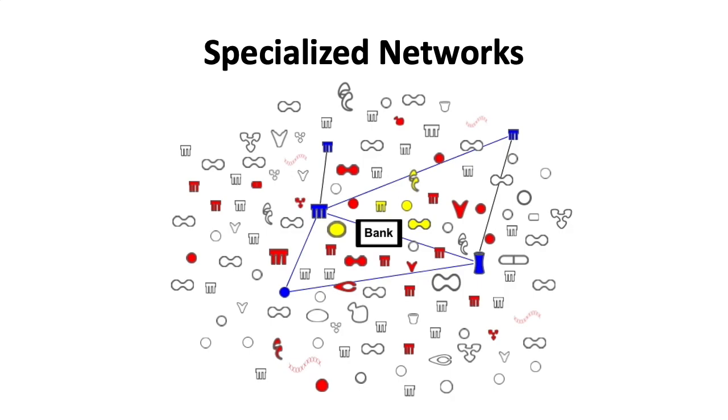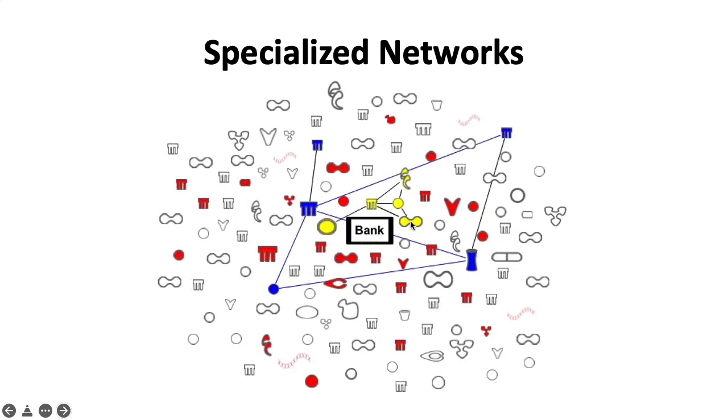So we've got specialized networks. Another example: we don't have a gang here, right? We've got all these individuals. Say this individual is a criminal, but he works in an auto body shop, and he works with these three individuals, and this person is this person's sister.